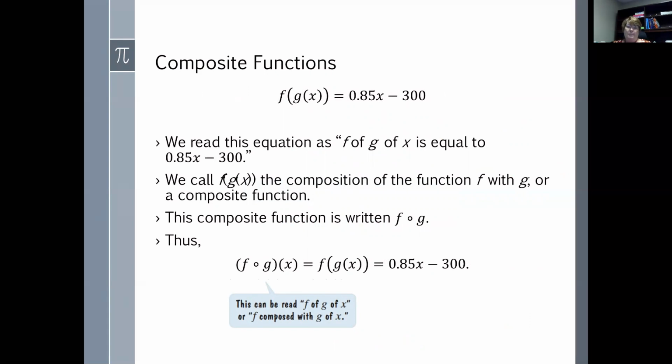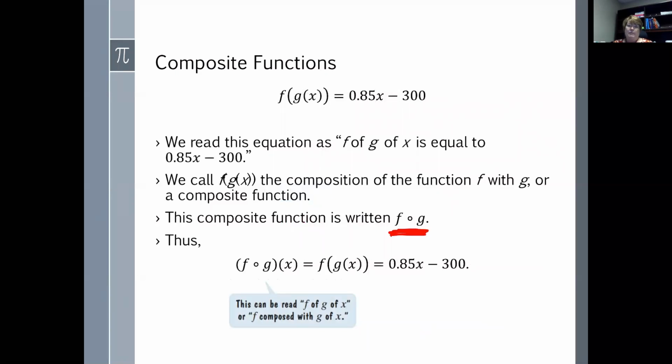We call this the composition of the function f with g. The composite function is written f dot g. So whenever you see this notation, that means the composition of the function f with the function g.